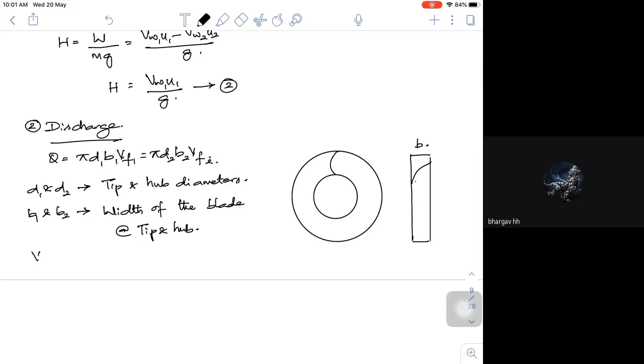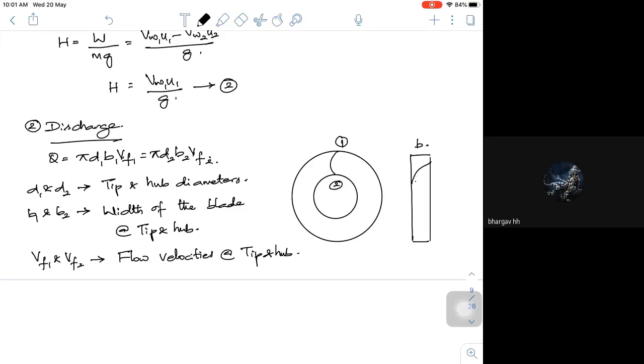VF1 and VF2 are the flow velocities at tip and hub. So this is 1, this is 2. This is what we are going to need to look into.